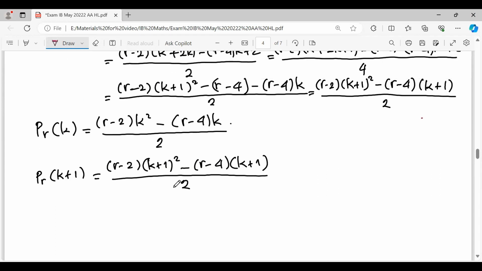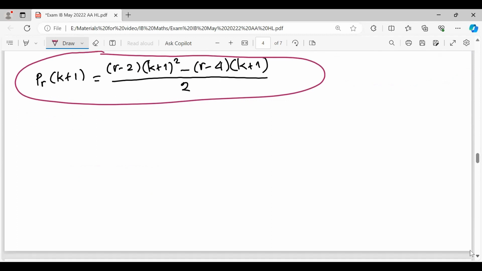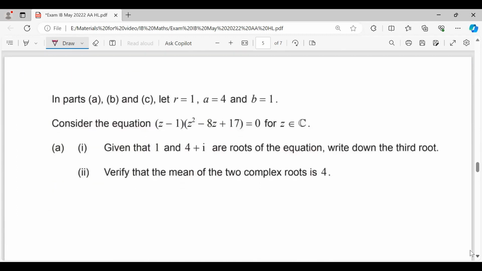You may compare between this one and this one. They have the same result. Right. That is number 2.